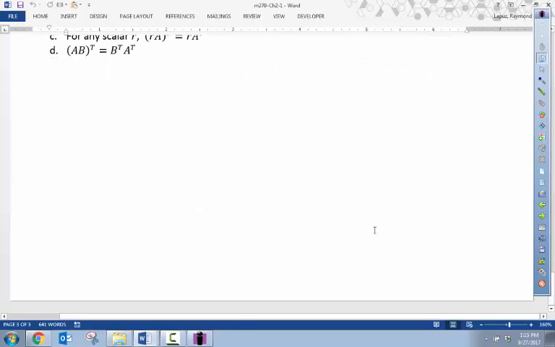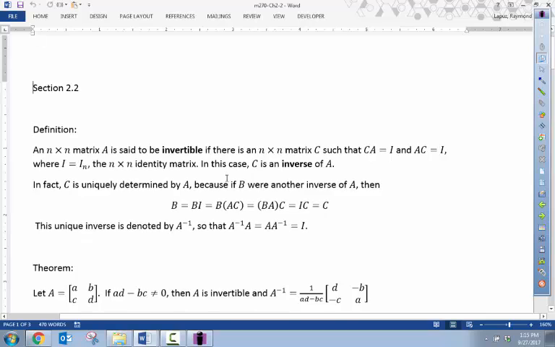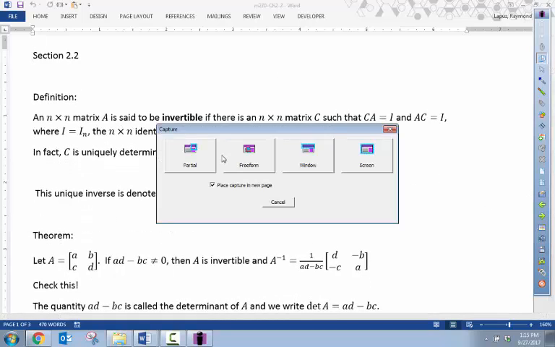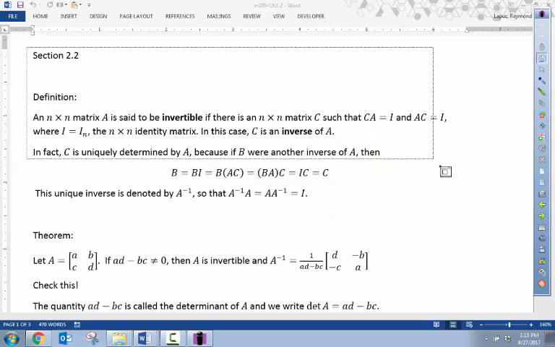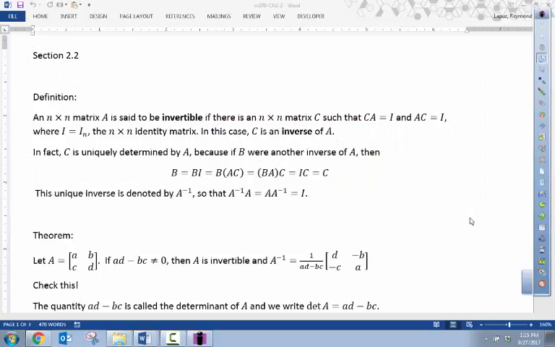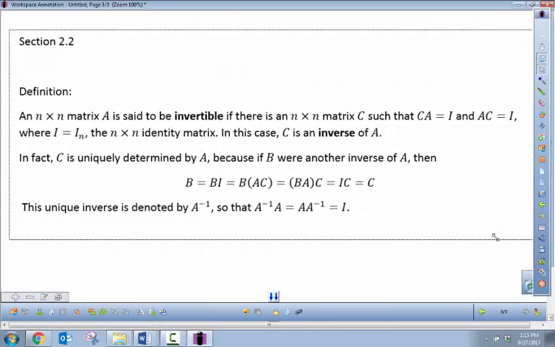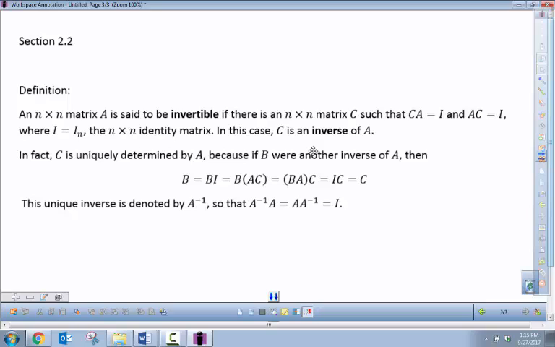All right. So let's jump to section 2.2 when we're talking about inverse. So the beginning definitions are just terminology that we should be able to use and be comfortable with.